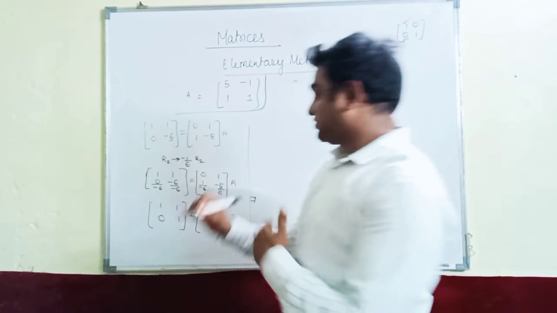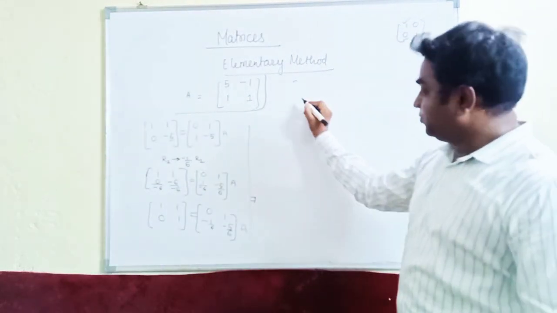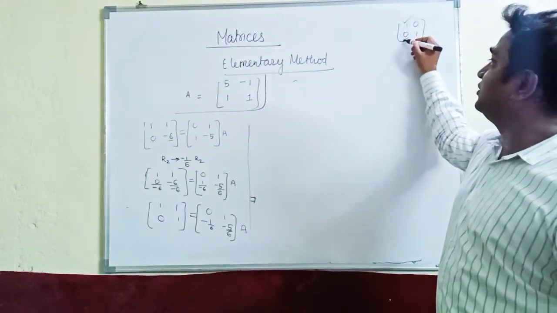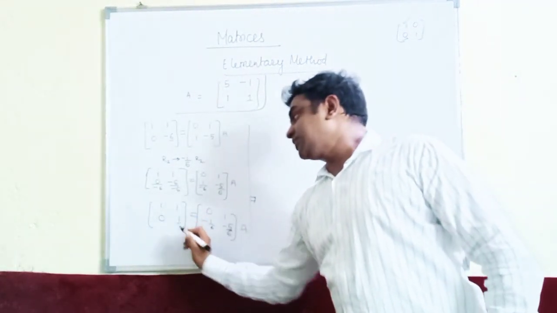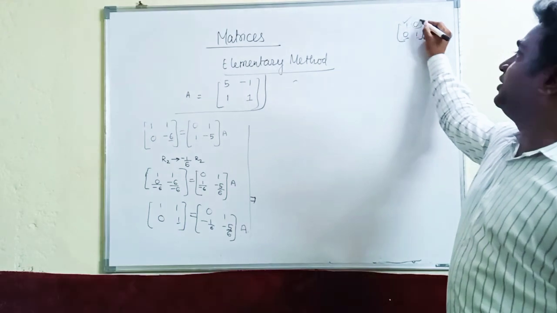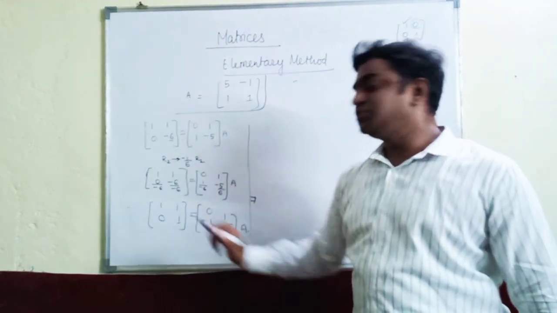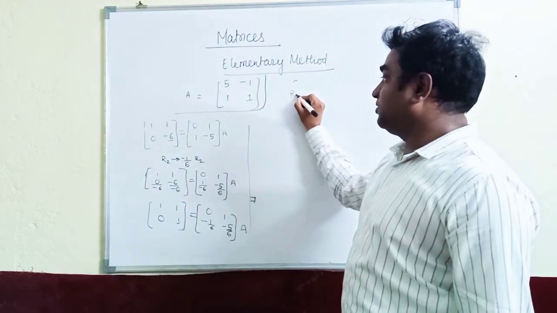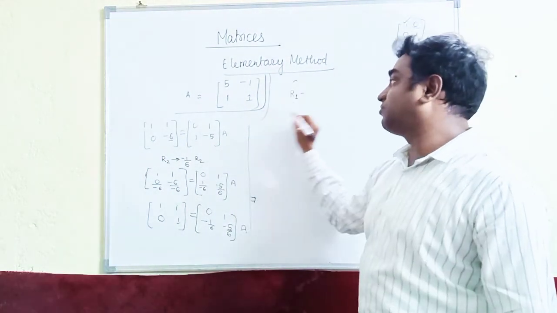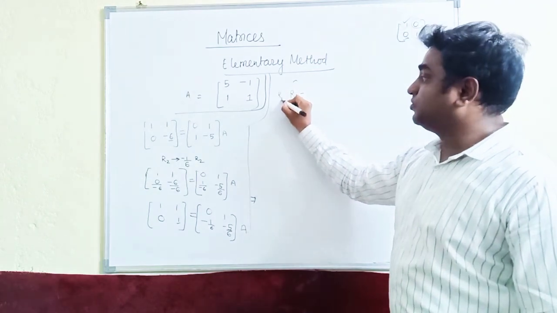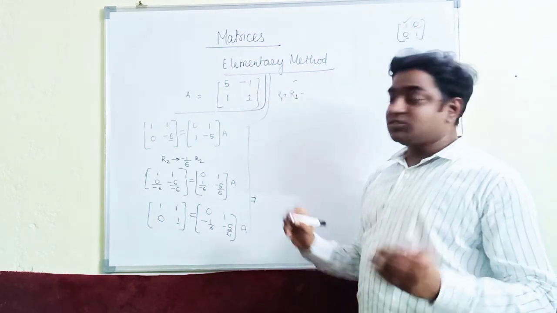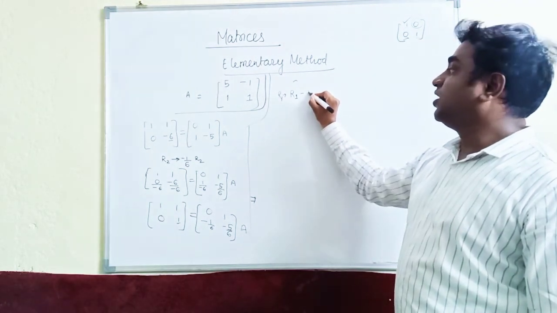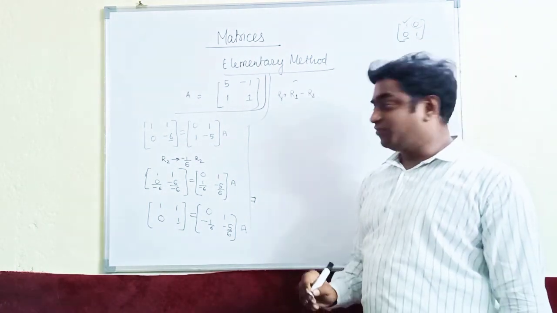So now next step from here, what we do, here 1 0 is here, yes, 1 and 0 is clear, 1 is here, yes, 1 is here, but now here what we want, it must be 0. So getting it 0, what we write, R1 minus, now it is the time of R1, you have to write R1 tends to R1 minus R2. What will happen?